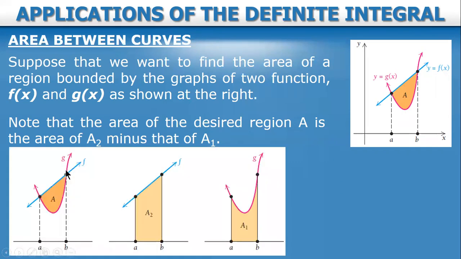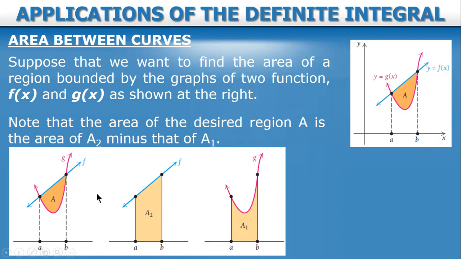So here's the graph. This is A sub 2 and this is A sub 1. So the difference of A sub 2 and A sub 1 is equal to A.